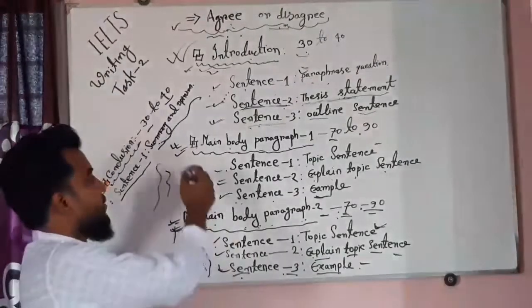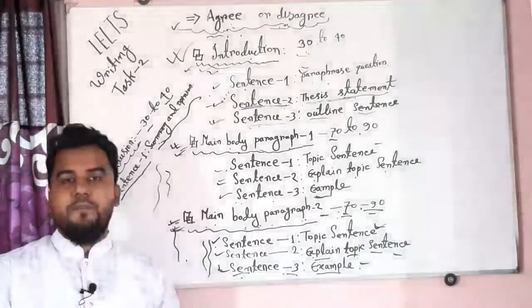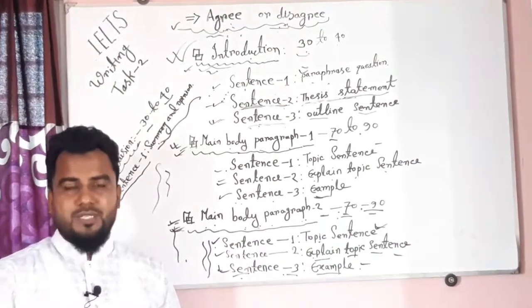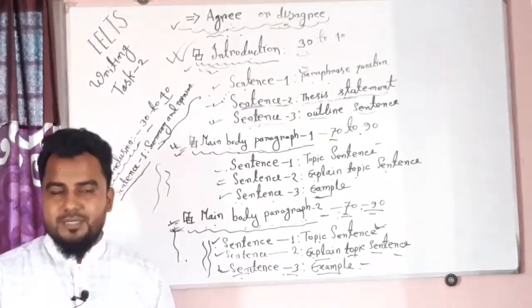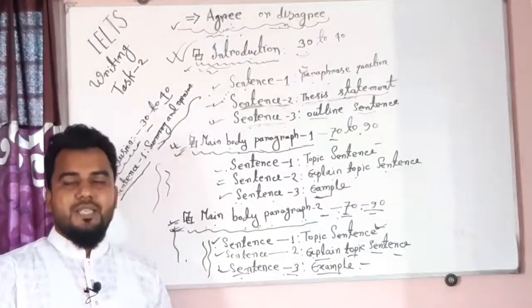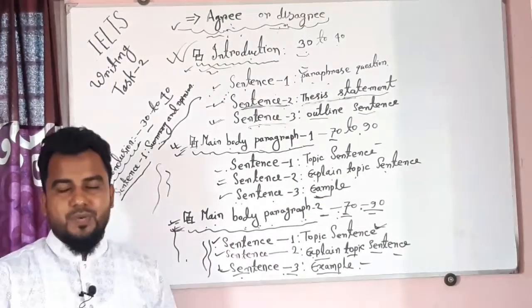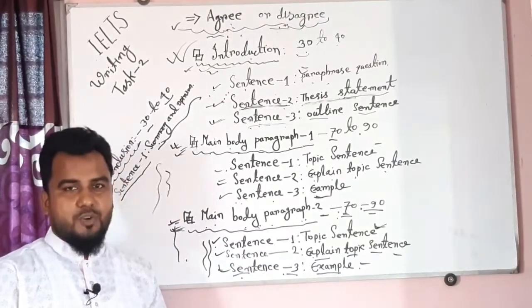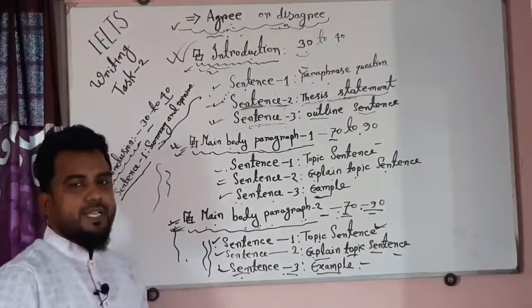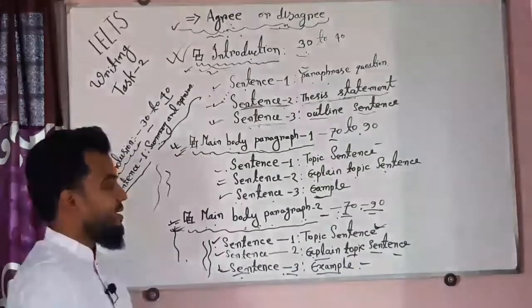Main body paragraph 1 should be 70 to 90 words at minimum. It is divided into 3 parts: sentence 1 is the topic sentence, sentence 2 explains the topic sentence, and sentence 3 is an example.